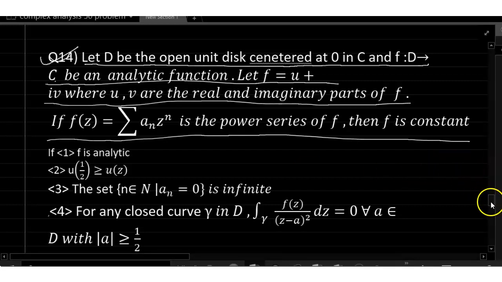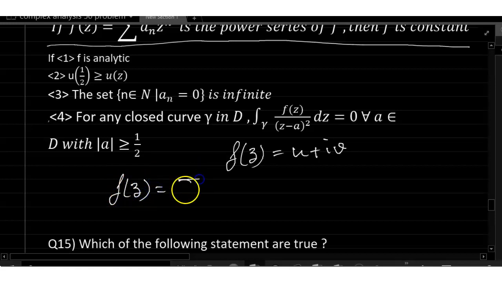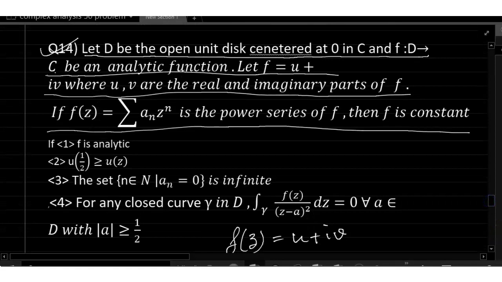Number one, f(z) equals u plus iv, and f(z) equals the summation a_n z to the power n. So f bar is analytic. Analytic if u and v are the real and imaginary parts of f.